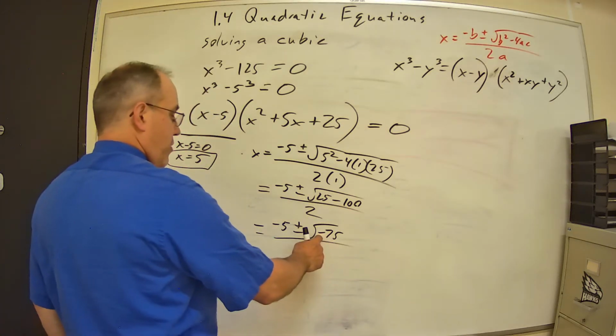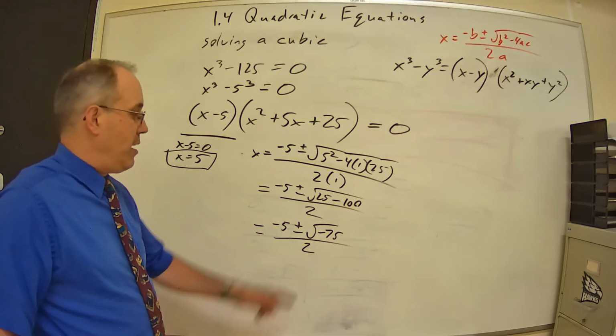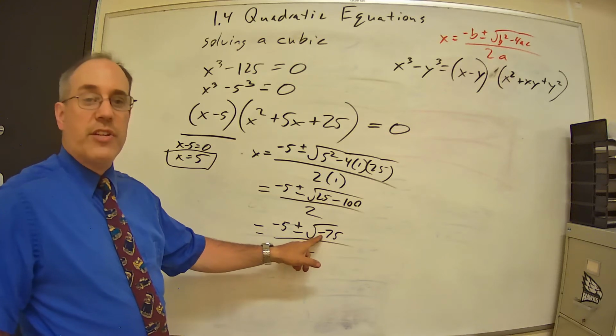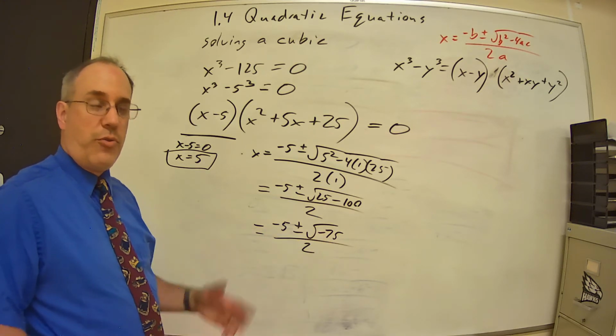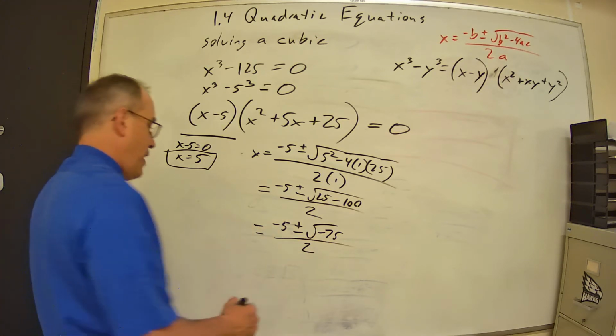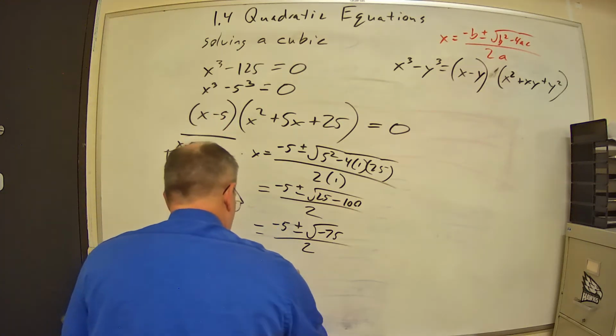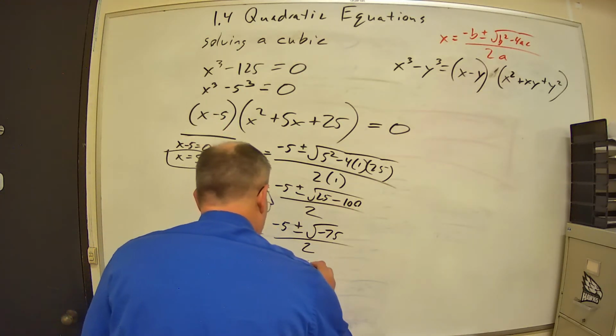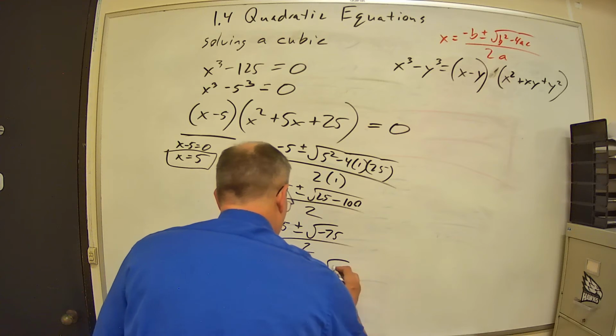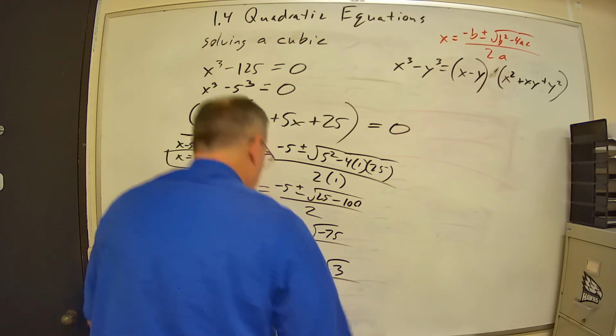This being a negative in here, we can pull out i. Also, 75 is 25 times 3, so 25 is a perfect square, so we can pull out 5. So we get negative 5 plus or minus 5i square root of 3 over 2.